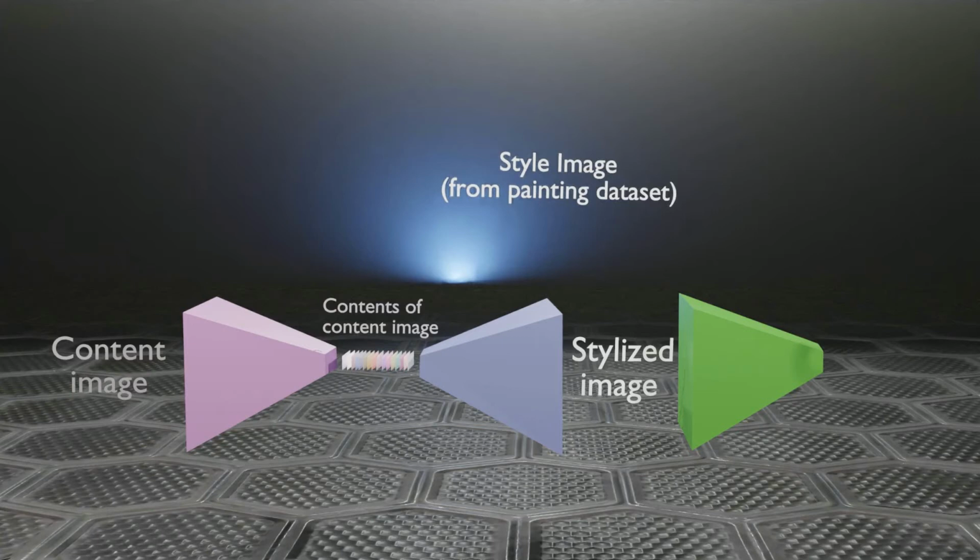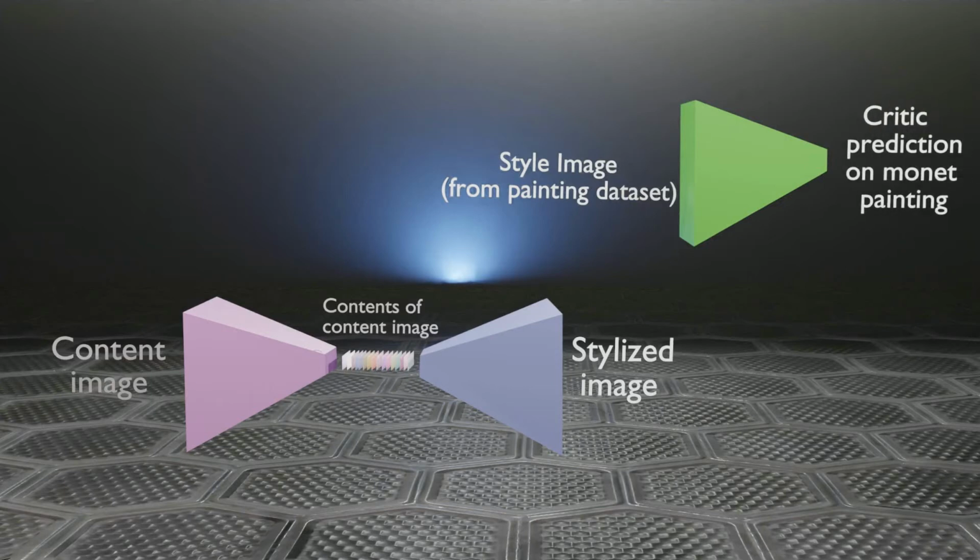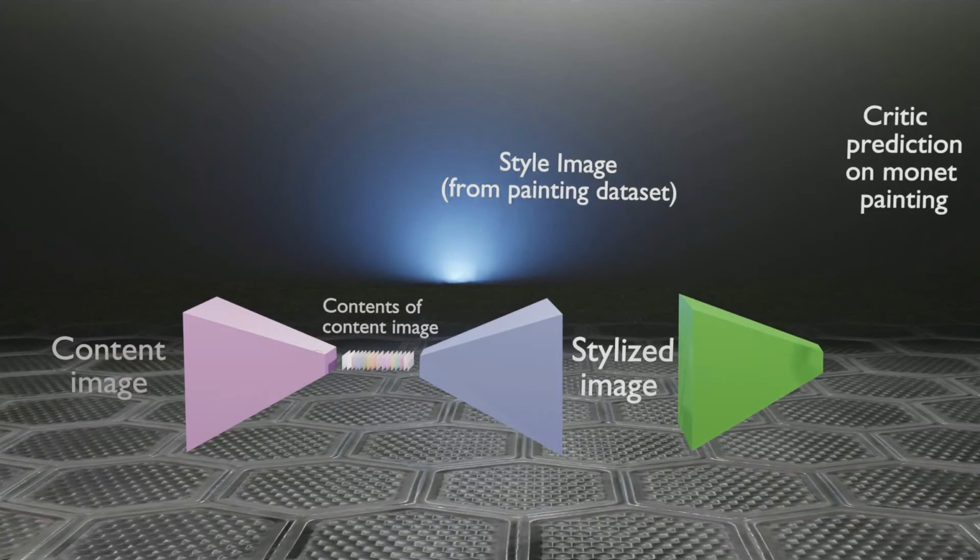In critic training, it would be shown two images one by one. First, it will be shown a real Monet painting or style image. Let's call the output of the critic on the real Monet painting the critic prediction on Monet painting. Then it's shown a stylized image generated by the generator. Let's call this output the critic prediction on stylized image.